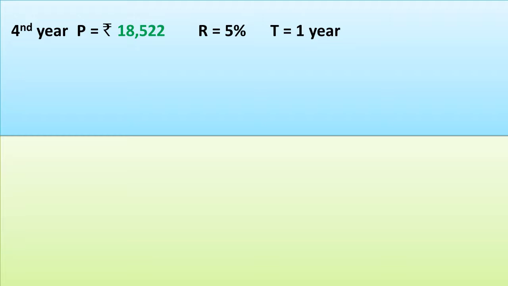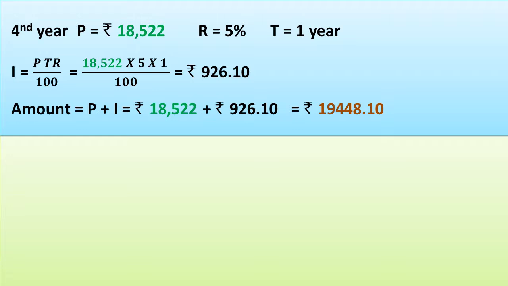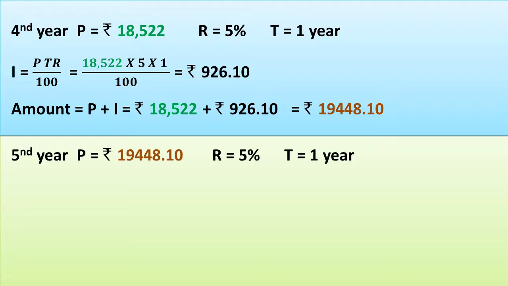So this amount will be taken as the principal for the fourth year, which is rupees 18,522. Rate is 5%. The interest calculated will be equal to rupees 926.10. Amount will be equal to rupees 19,448.10. This becomes the principal for the next year, that is the principal for the fifth year.